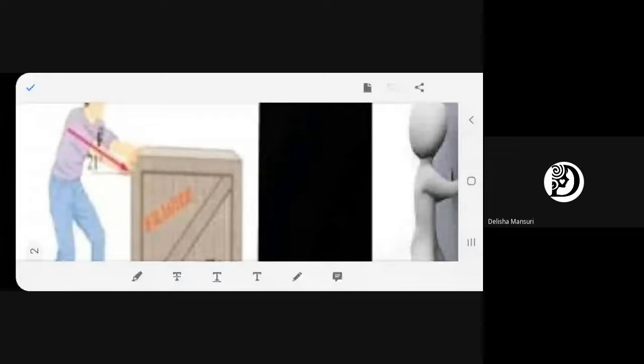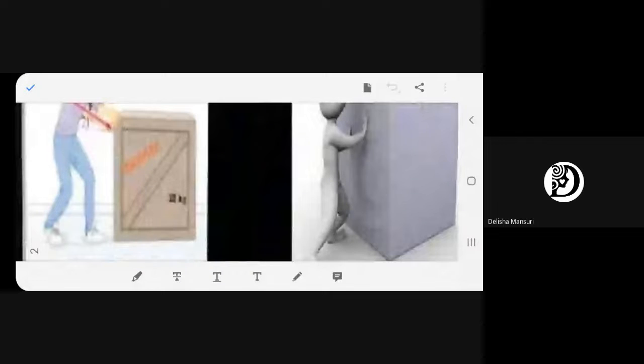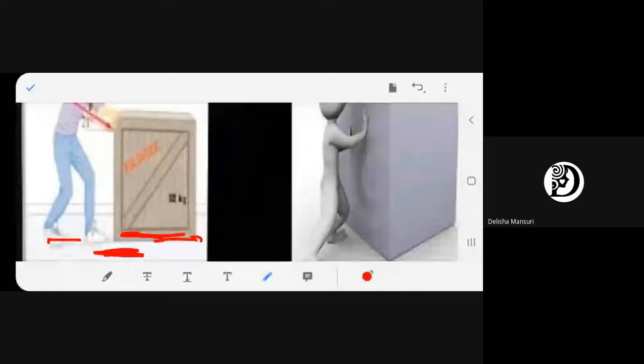So the box is being dragged from here to here, between the surface and the box. You agree? Yes or no? So this is caused due to friction. You get a screeching sound. The body is dragged from one place to another. It's only due to friction.